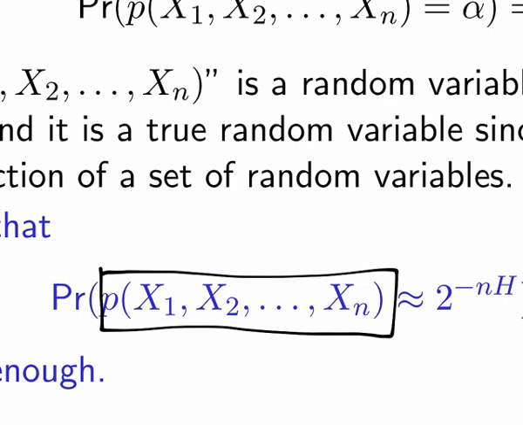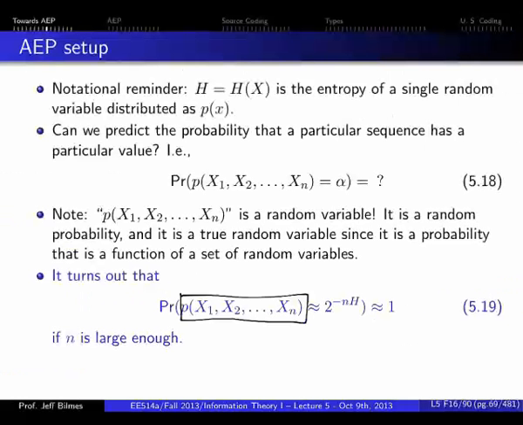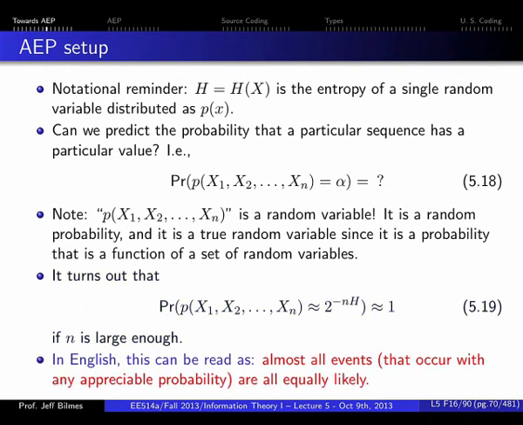And what we're going to see is that as n gets big, it approaches a constant random variable. Even though, and this is what's weird about it, the argument for this function is not constant, when we ask for its probability, that probability becomes constant.